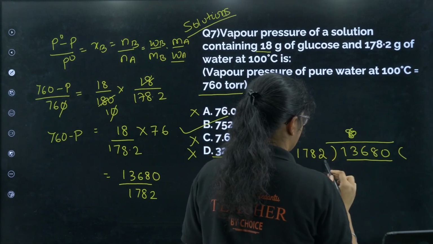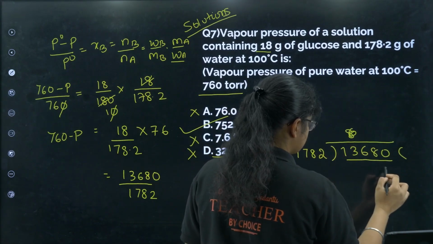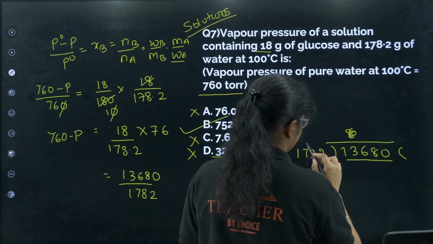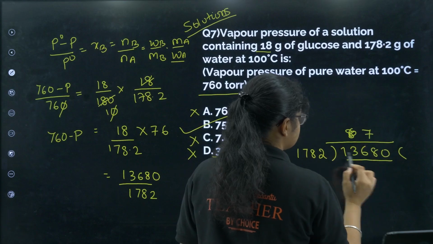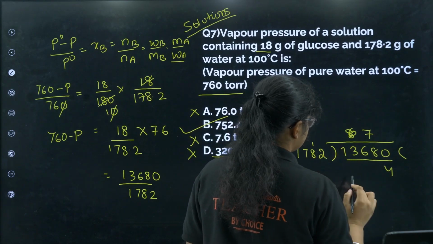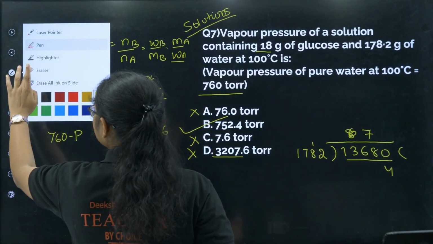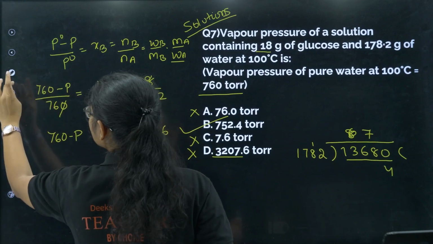So if I try with 8, 8 2s are 16, 8 8s are 64 plus 1, 8 7s are 56, it will also become more than 13. So I have to take 7, 7 2s are 14, 7 8s are 56.